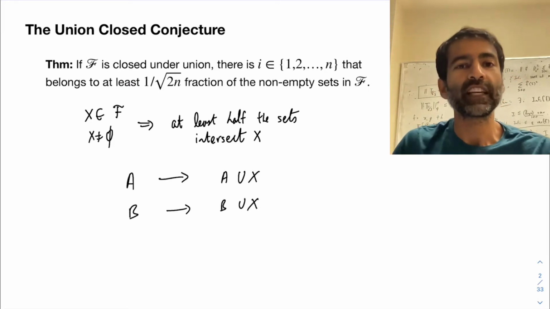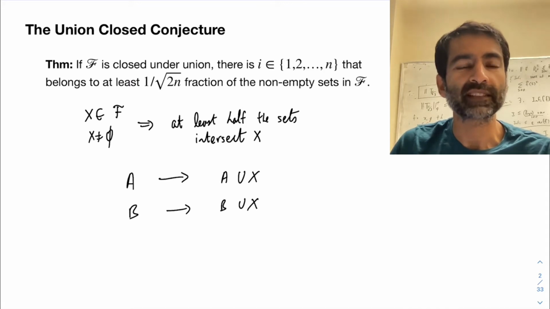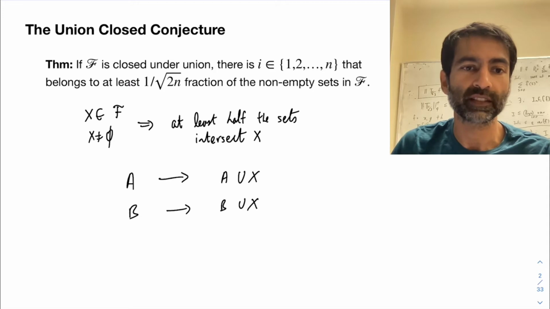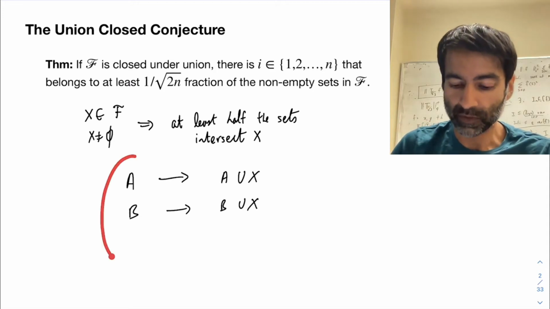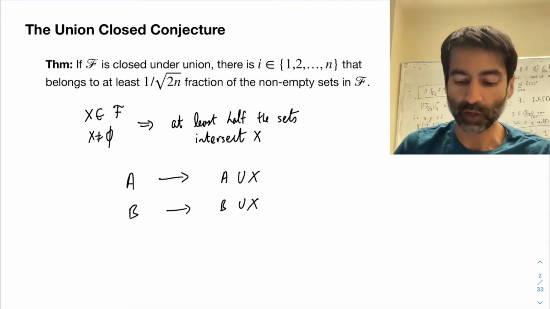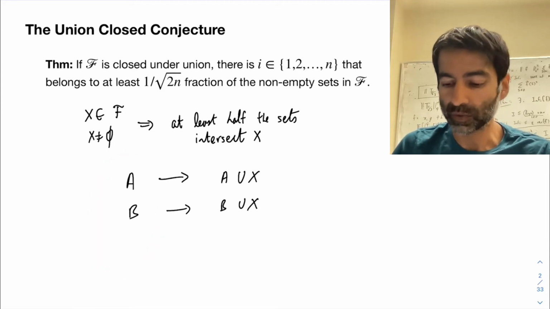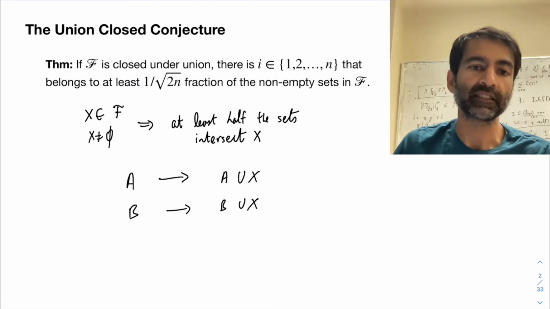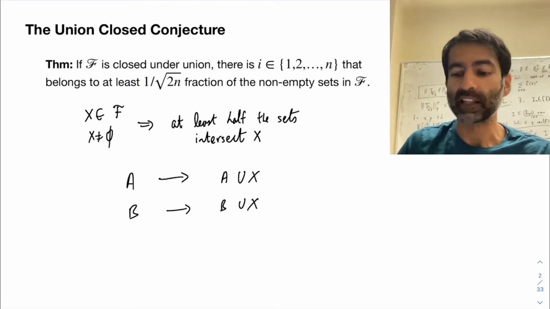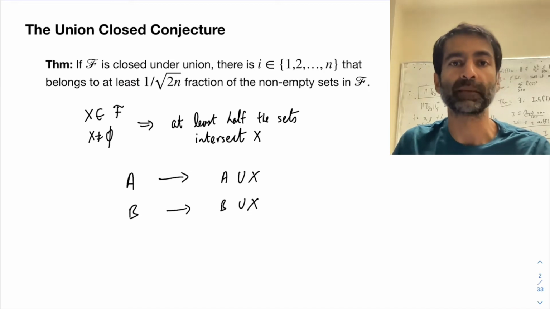And now you see if A and B are not the same, then A union x and B union x will also not be the same. And therefore, the number of sets that are disjoint from x has to be less than or equal to the number of sets that intersect x. And that proves that at least half the sets in the family must intersect x.